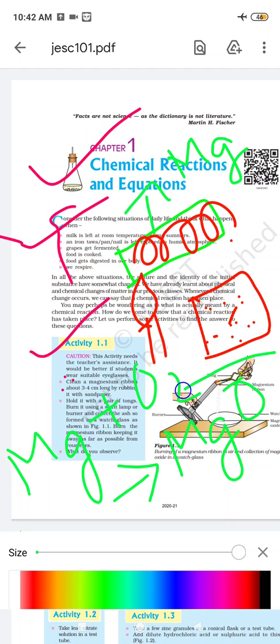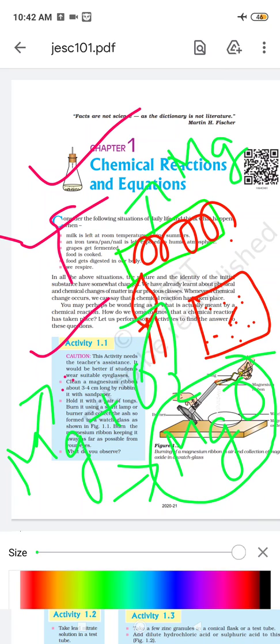The substance you get after burning the magnesium ribbon is known as magnesium oxide. So the properties of magnesium are different, the properties of oxygen are different, and the properties of magnesium oxide are totally different. So this is an example of a chemical reaction.